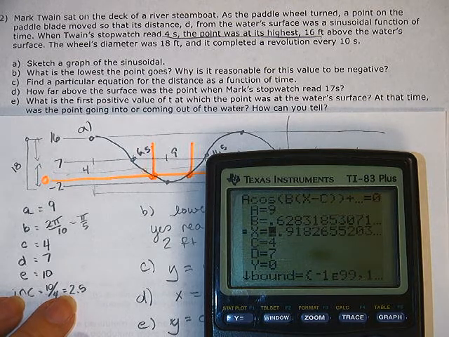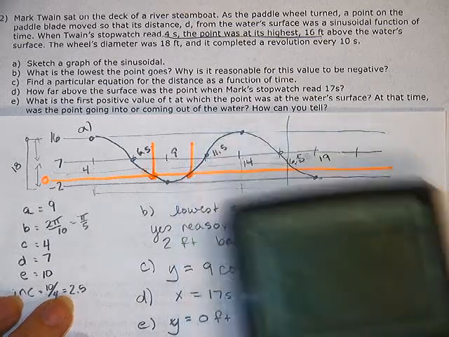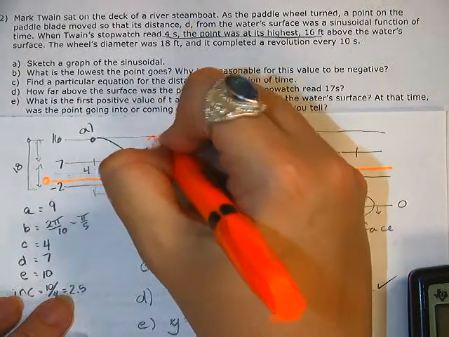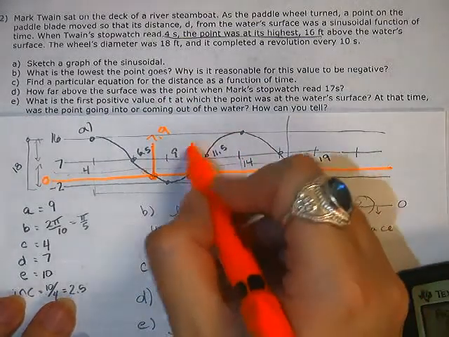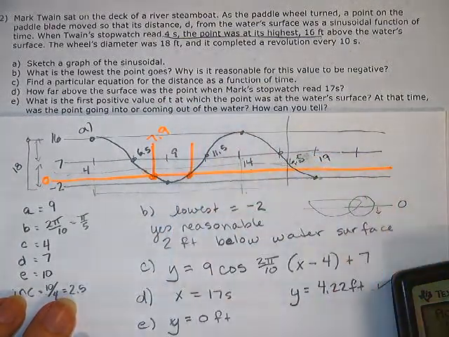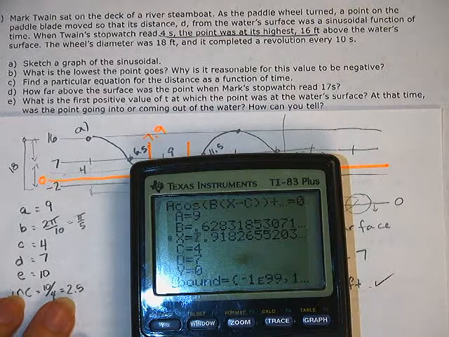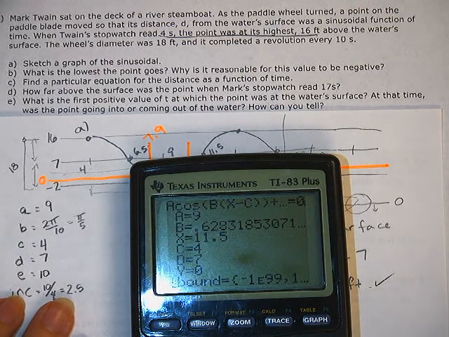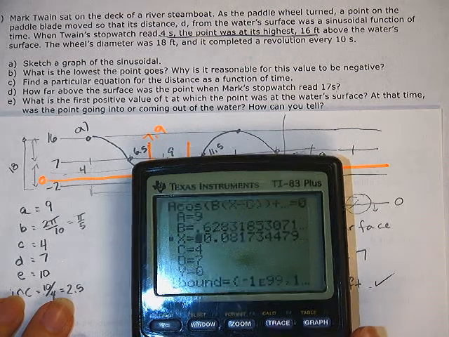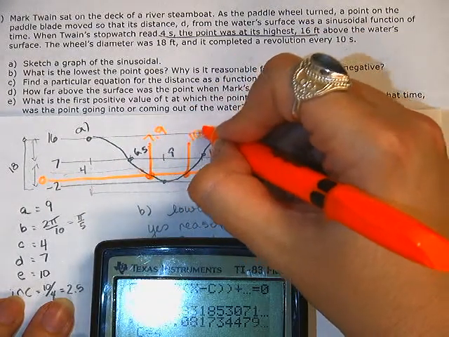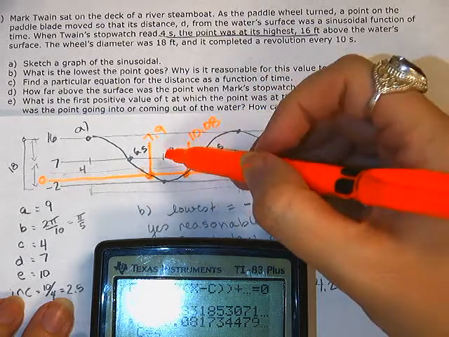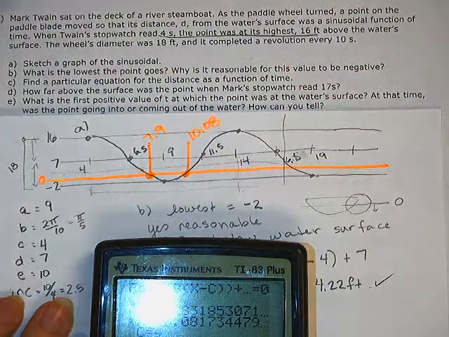It tells me it first happens at 7.9. Looking at my graph, 7.9 seems perfectly reasonable. Now I also want to find where it comes out of the water, so I'm going to guess 11.5 and solve. It says that it comes out a little bit less than that, about 10.08. If I look at my graph, that's also in this interval, so that looks perfectly reasonable.